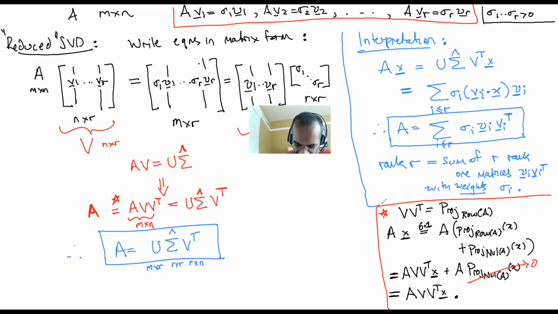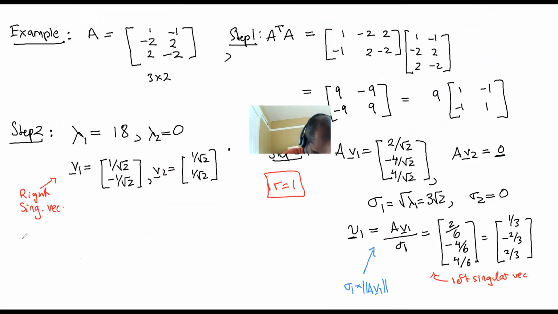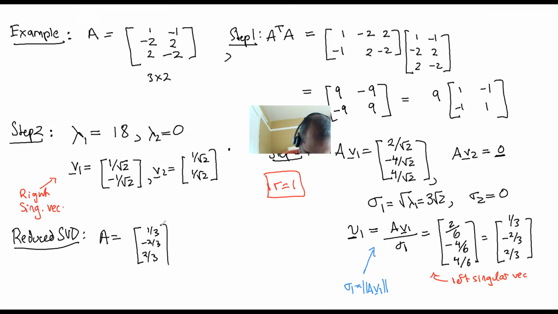So just to hash it out, in our example, what's the reduced SVD? It's not anything complicated. You just rewrite the singular vectors in this format. The reduced SVD in this case is that A is equal to U, which is this matrix, a third, minus 2/3, 2/3. Sigma is just a 1-by-1 matrix containing the singular value 3 square root 2.